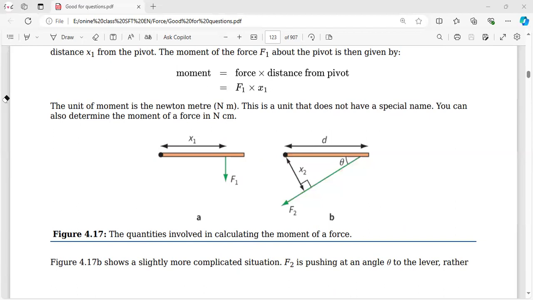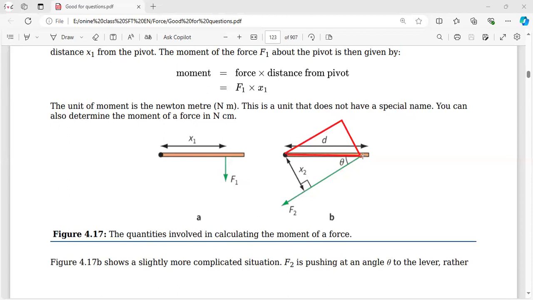Since we are talking about vector resolving, I can take this distance d, because of this angle, as d cos theta, right? Or is it d cos theta or d sin theta?